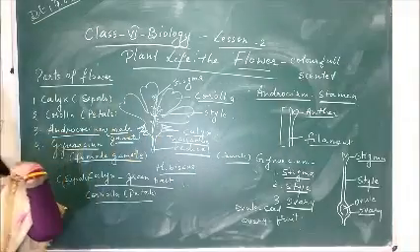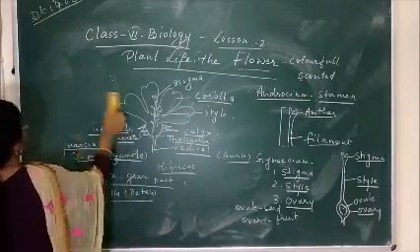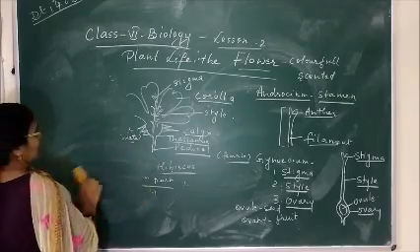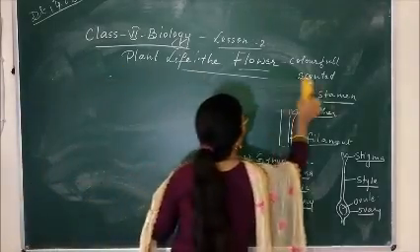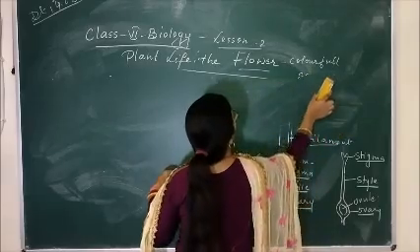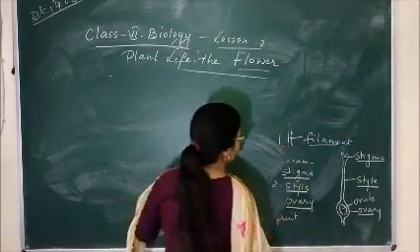Now, I will tell you about the different types of flower. There are mainly two types of flowers. First one is bisexual flower and second is unisexual flower.